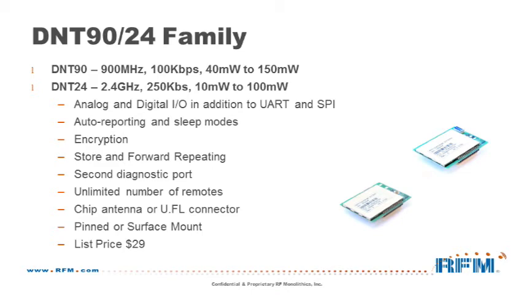The 2.4 version is 250 kilobit per second. So why is it different? Well, there are a couple of reasons. One is that there's more bandwidth at 2.4, so you can have wider channels, get a little bit higher data rate, and still have good frequency hopping performance. And then the 10 milliwatt to the 100 milliwatt, and the 100 milliwatt, like we said before, is for the international usage.